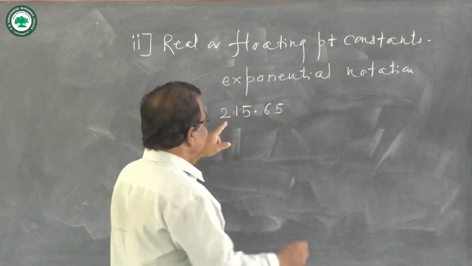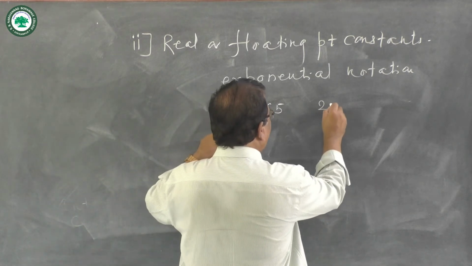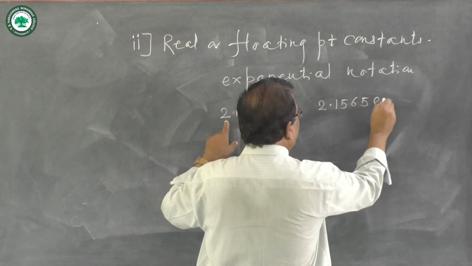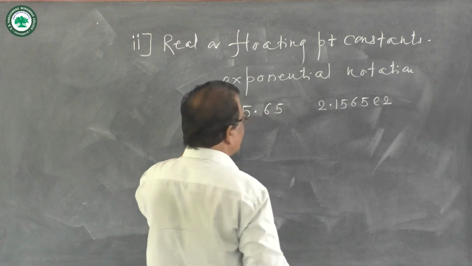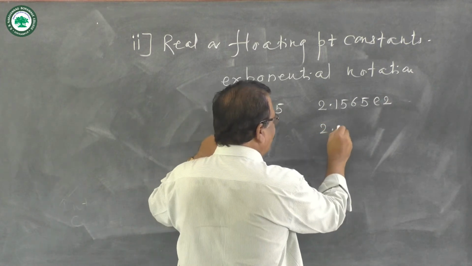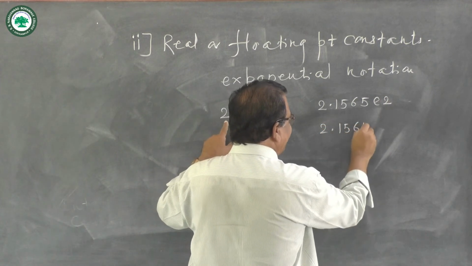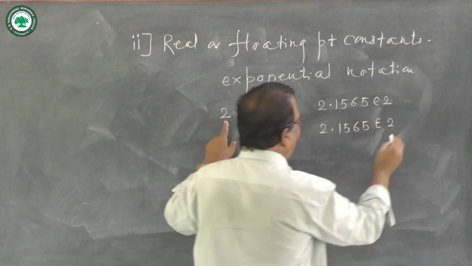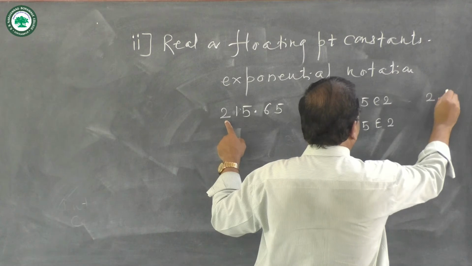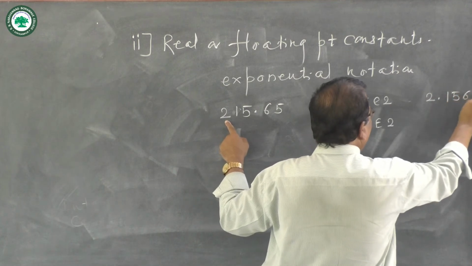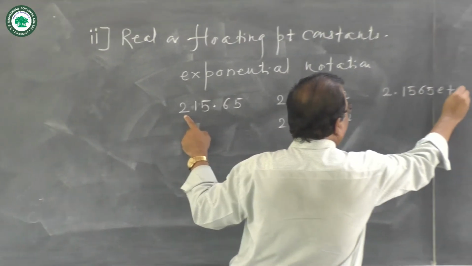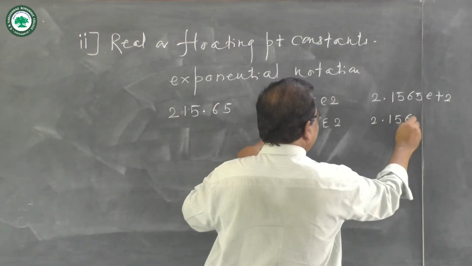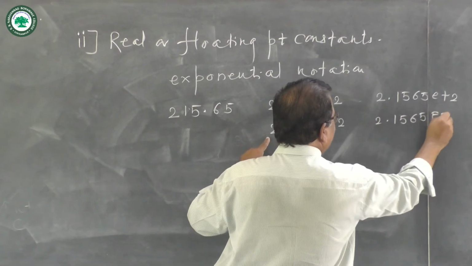Then the way is, this can be written as 2.1565E2, or 2.1565 uppercase E2, or 2.1565E plus 2.